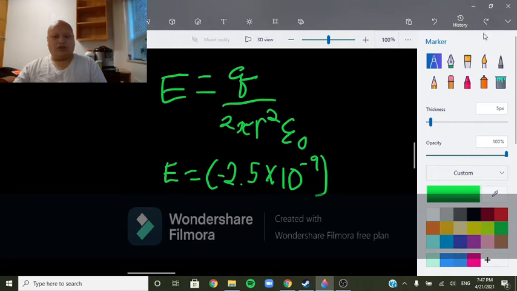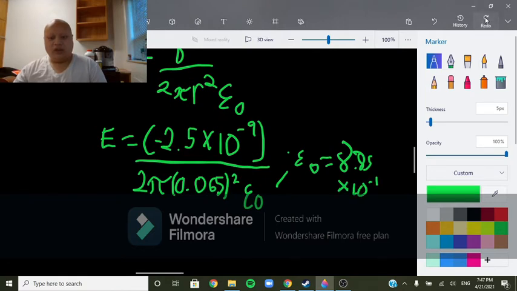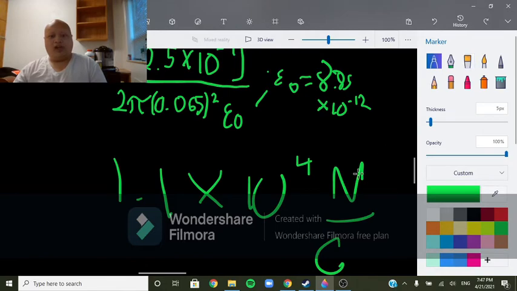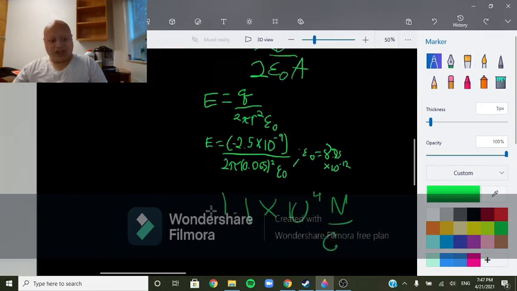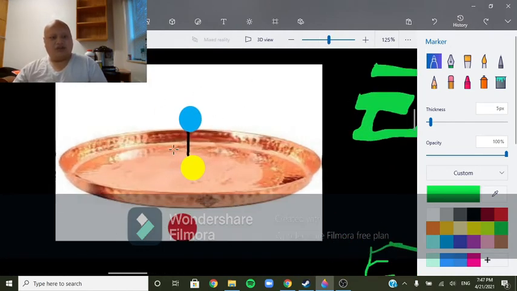Q is negative 2.5 times 10 to the negative 9, divided by 2 pi times the radius, which is 6.5 centimeters or 0.065 meters squared, times epsilon naught, which is 8.85 times 10 to the negative 12. And you should get an answer similar to 1.1 times 10 to the fourth newtons per coulomb. So that's the electric field strength on the blue dot of this copper plate.